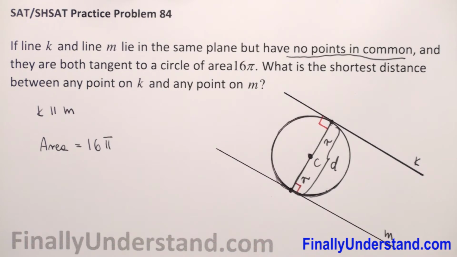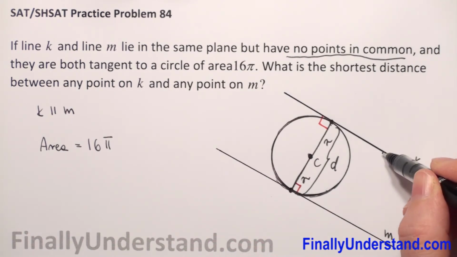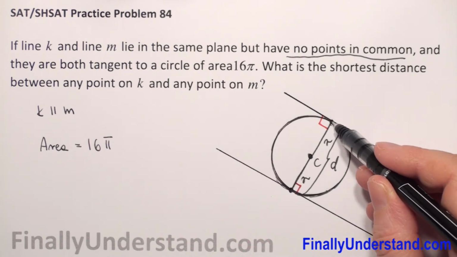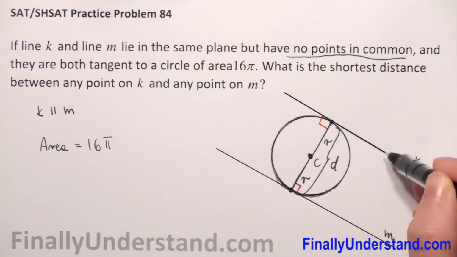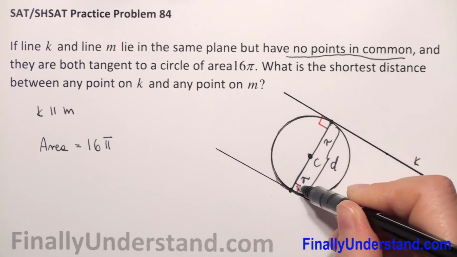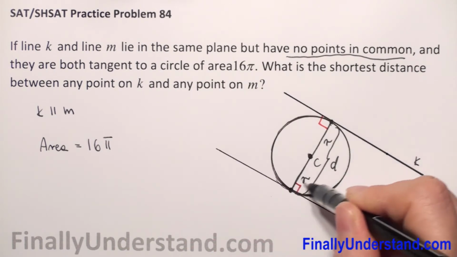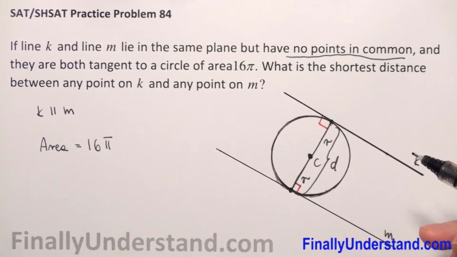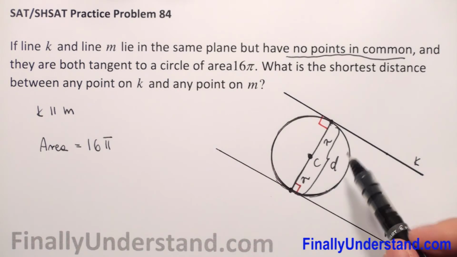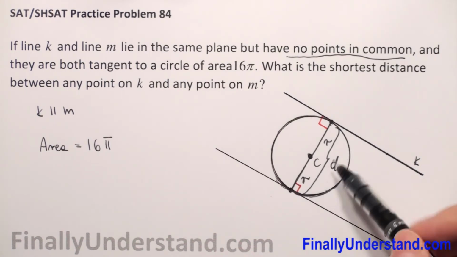It will be the shortest distance, because if you choose, for example, a point which is not the point which touches our circle, for example this, the distance between this point and that will be longer. We need to find the diameter.